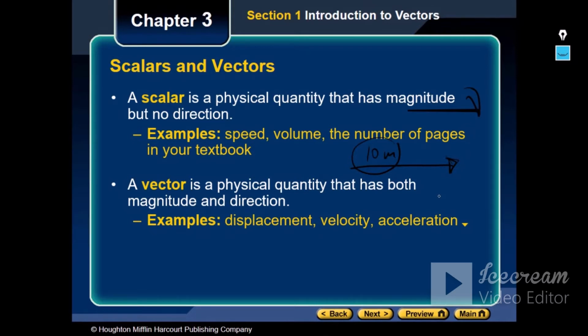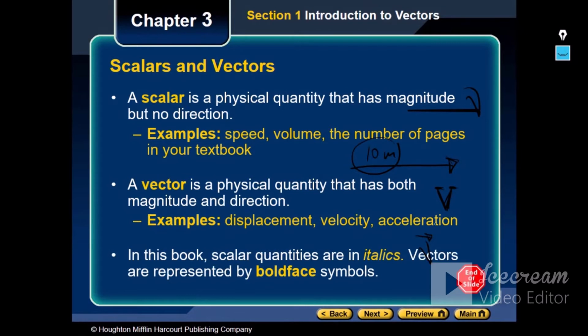But when you see this bold face, like that, it means vector. Sometimes they make it with a small arrow above the quantity, which also means vector. In this book, scalar will be italic, and bold face means vector quantity.